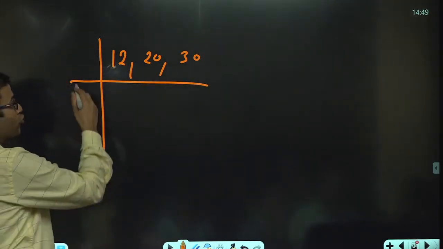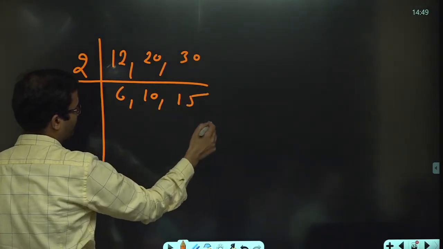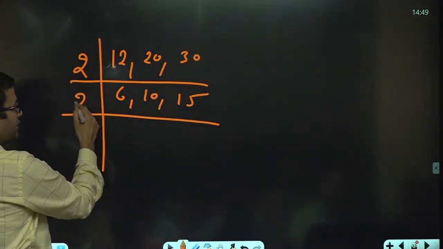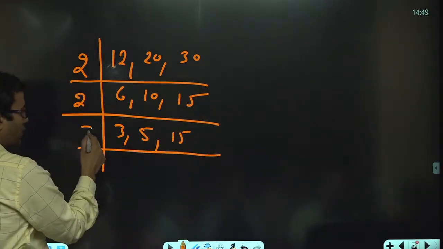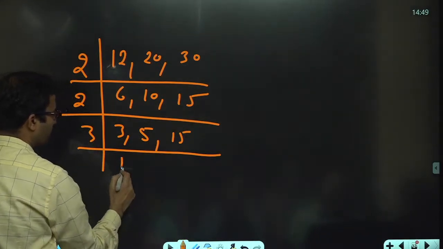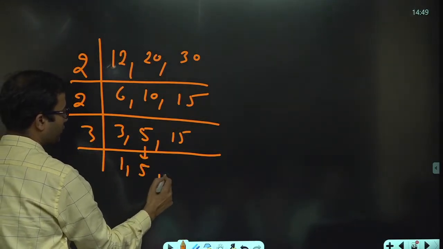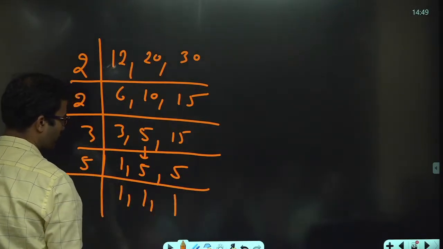So first we have 2 common. It is 6, 10, 15. Then 6 and 10 we have 2 common. 3, 5, 15 as it is. Then we take 3 common, 3, 5, sorry 1. 3 will become 1, 5 as it is, 15 will become 5. Then we take 5 common, 1, 1, 1.